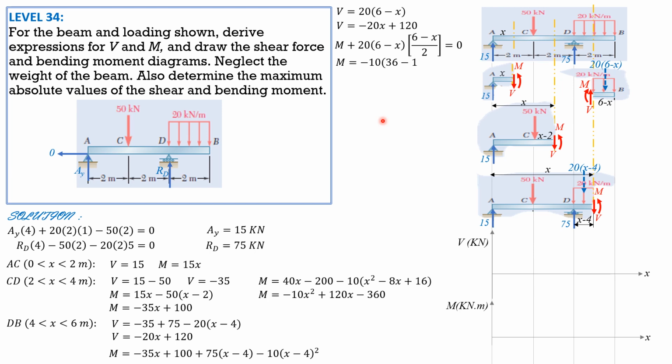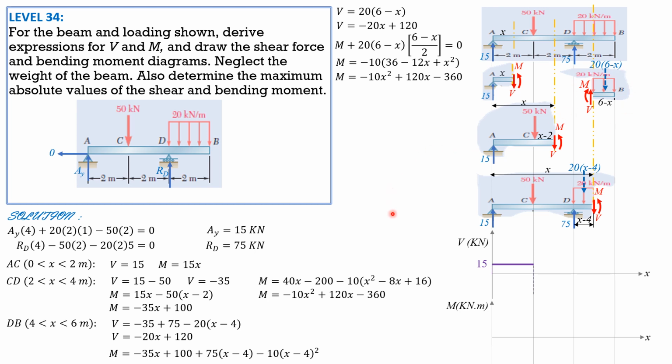So it is negative 10, quantity 6 minus x squared. 6 minus x squared, if expanded, is 36 minus 12x plus x squared. Simplifying further, it should be the same as this: negative 10x squared plus 120x minus 360. So they are equal. But this equation is simpler for this free body diagram.